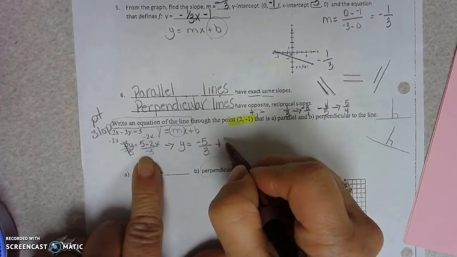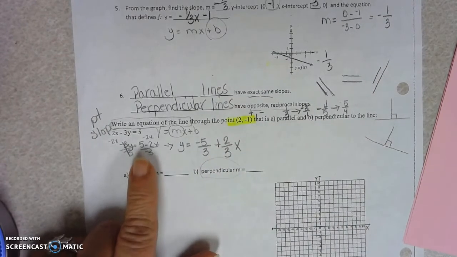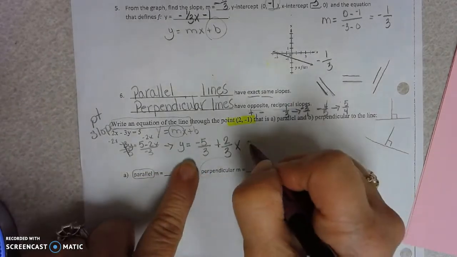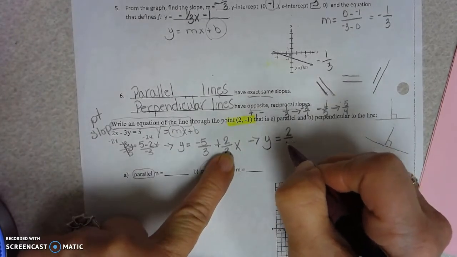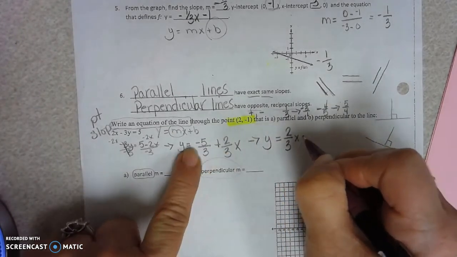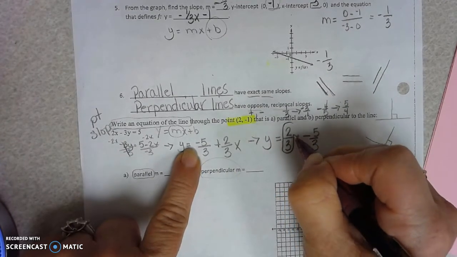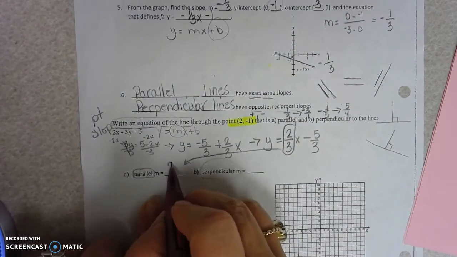Negative divided by negative is a positive. I didn't really write it in the right form. It doesn't really matter. I can rewrite it. Positive 2/3 x minus 5/3. So the slope of the parallel would be positive 2/3.